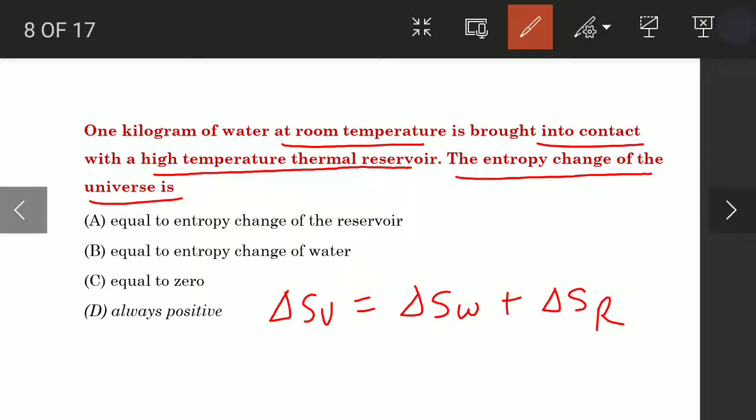Here it is a heat transfer process, and during a heat transfer process there is a change in entropy. Whenever a process is happening, it means it is a possible process, and for this process the change in entropy of the universe is always positive.